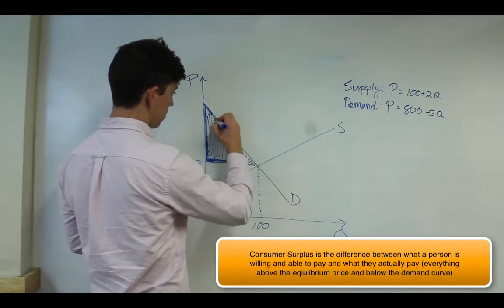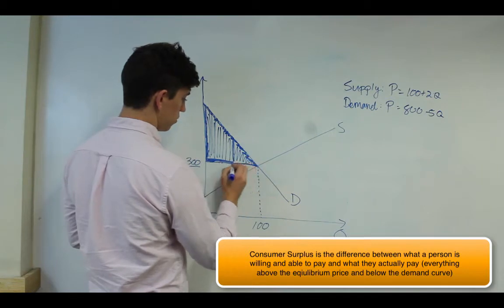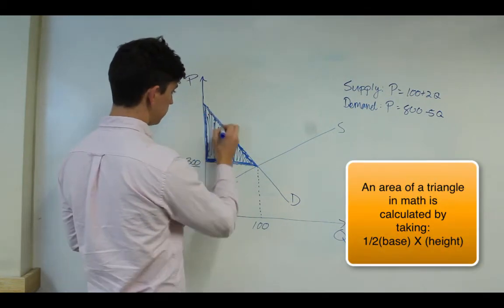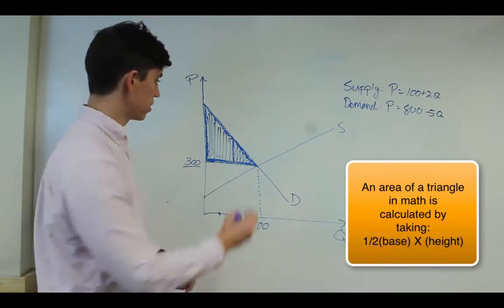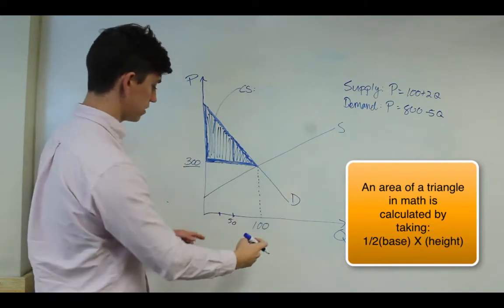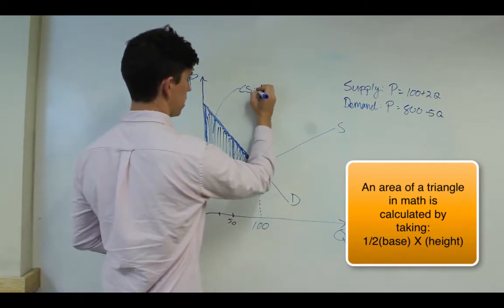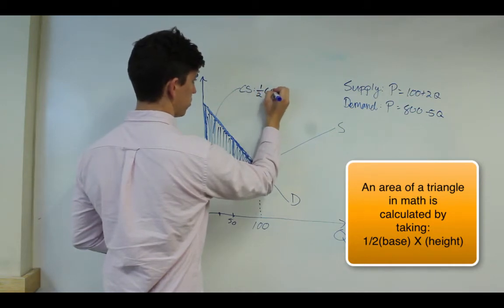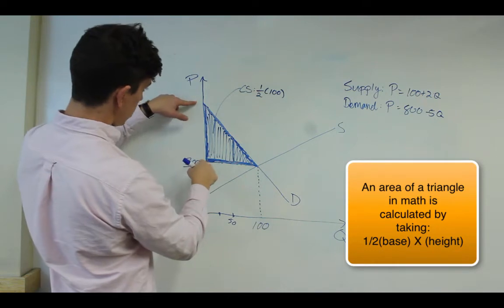Right, and we can calculate that because that is just the area of a triangle. So we just do 1/2 base times height. Our base is 100 here, so it's 1/2 times 100, and now we just need to find what this height is.